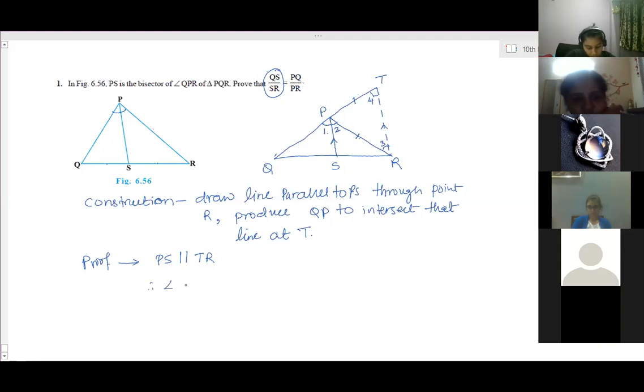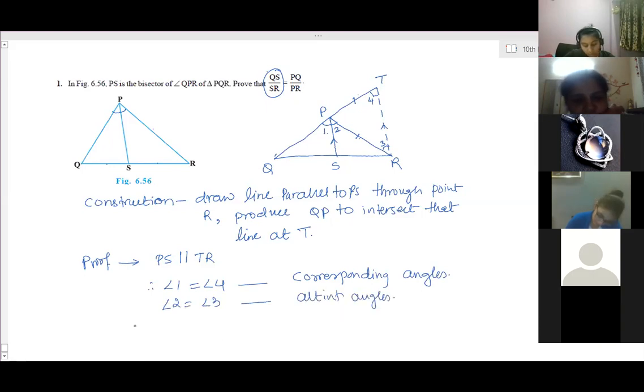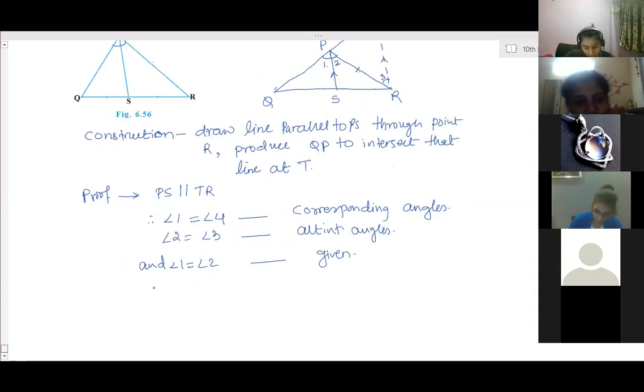Therefore angle 1 is equal to angle 4, corresponding angles. Angle 2 is equal to angle 3, alternate interior angles. And angle 1 is equal to angle 2, given. Therefore angle 3 is equal to angle 4.